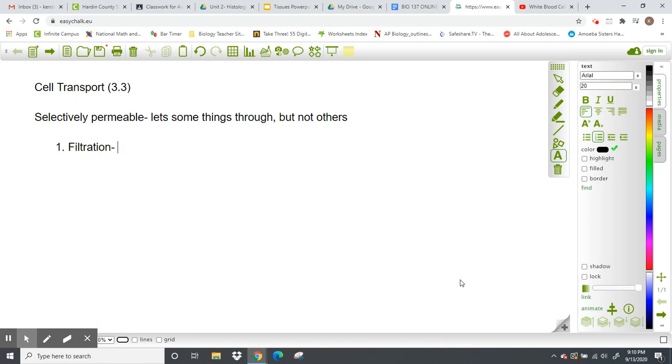Okay, so it's kind of the same thing with your blood. This is going to happen because of the physical forces that are pushing fluid through, driven by pressure. An example of this in your body is the blood going through capillaries.